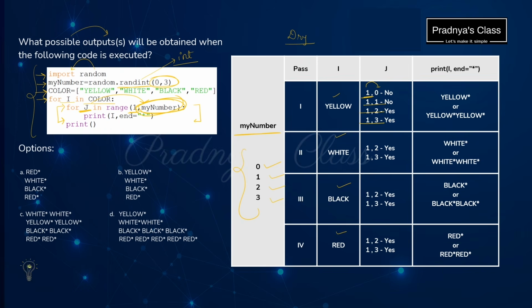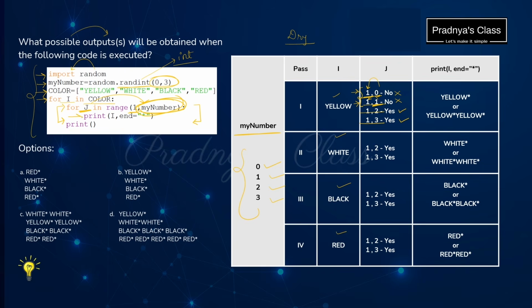But the inner for loop will execute only for these two values, because for the other two values the loop cannot execute. In the first combination the second value is smaller than the first value, and in the second combination also range function will consider it as a 0. So this is also not possible.